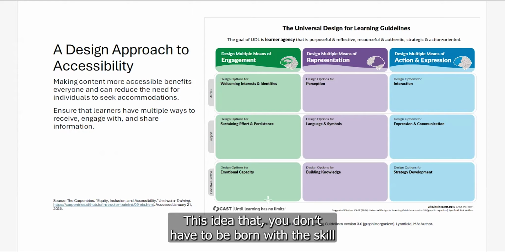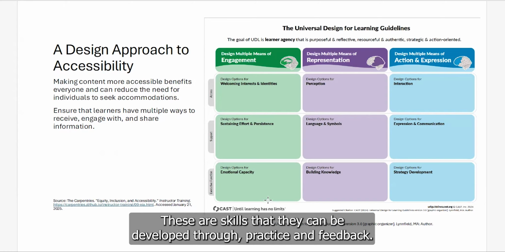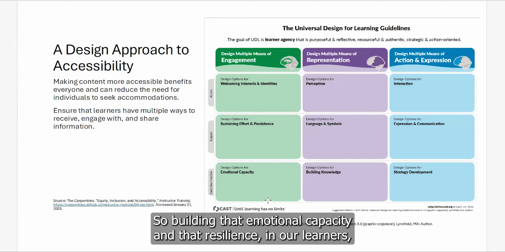This idea that you don't have to be born with the skill to write a novel or write a computer program. These are skills that can be developed through practice and feedback. And so we are building that emotional capacity and resilience in our learners.